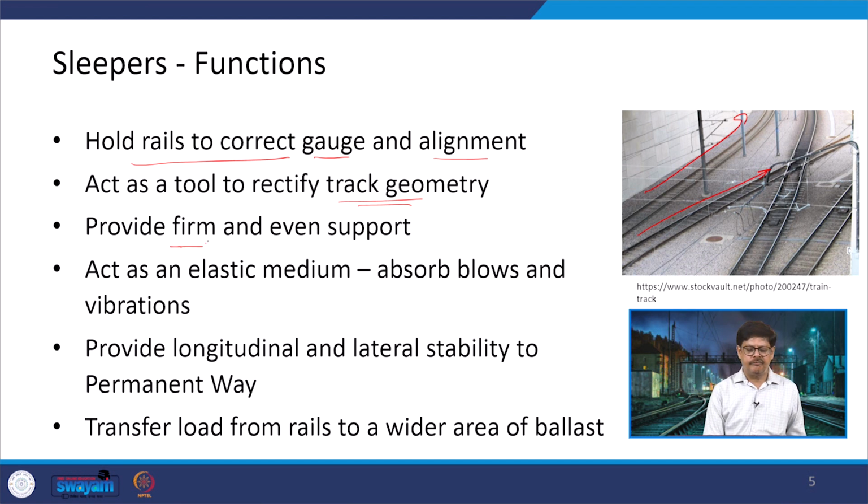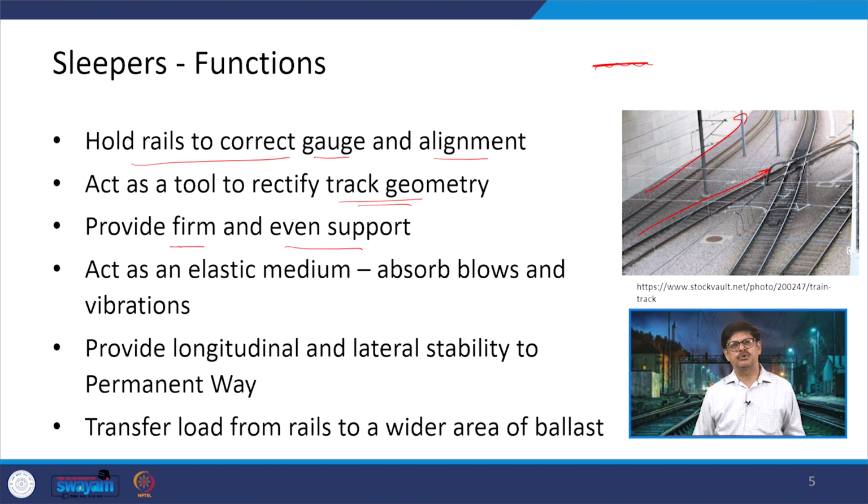They shall provide a firm and even support. The design has to be such that the rail gets seated at the top of the sleeper in an easier manner, and the support is not irregular at the top; it has to be an even support on which we are putting the rail. They shall act as an elastic medium.